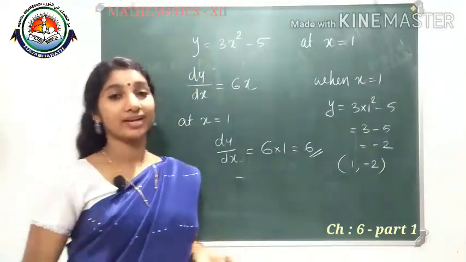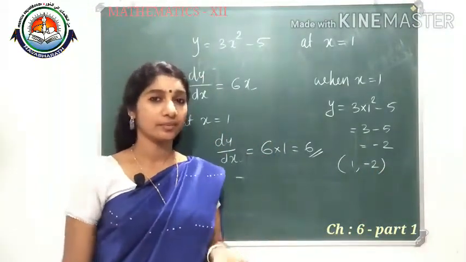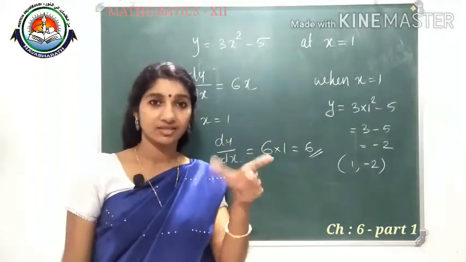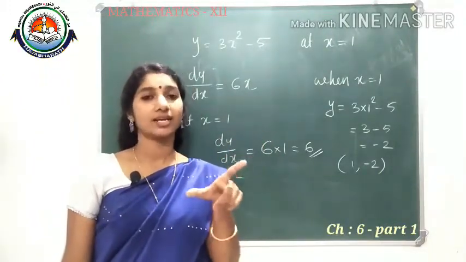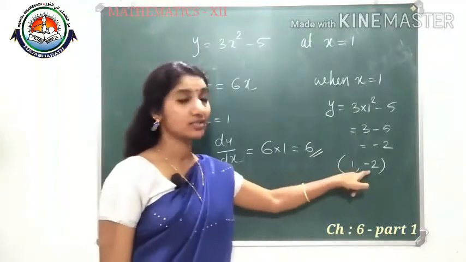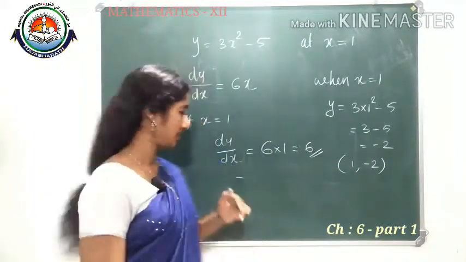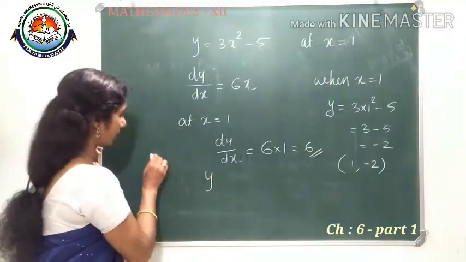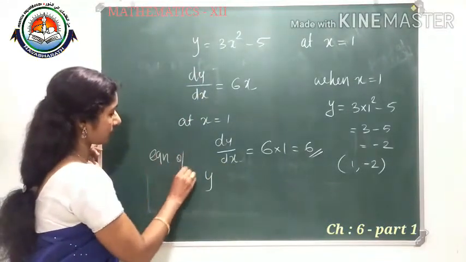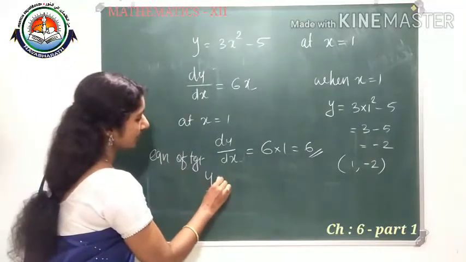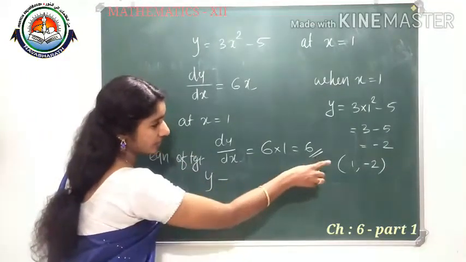We are going to find the equation of the tangent at x equal to 1. That tangent is a straight line. That straight line's slope is ready and the passing point is also ready. Now we will be able to write the equation. Equation of tangent is y minus y1. What is y1? Minus 2.